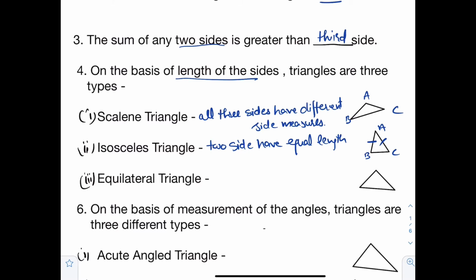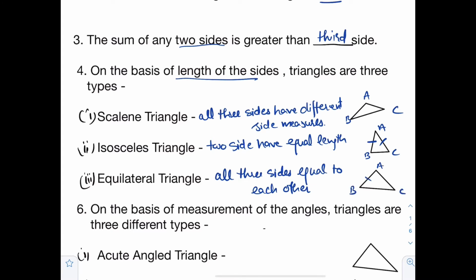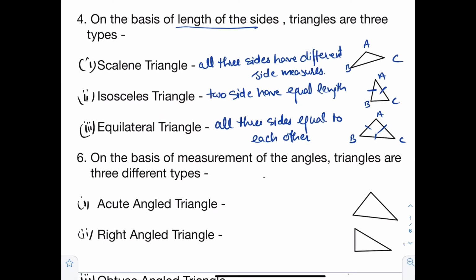In an equilateral triangle, all three sides are equal to each other. Means suppose this is triangle ABC, so AB equal to BC equal to CA. So all sides are equal.